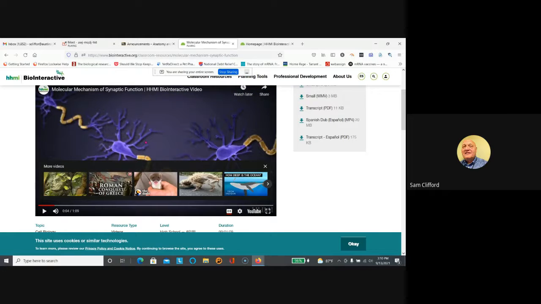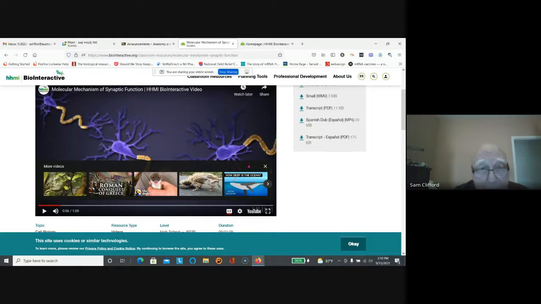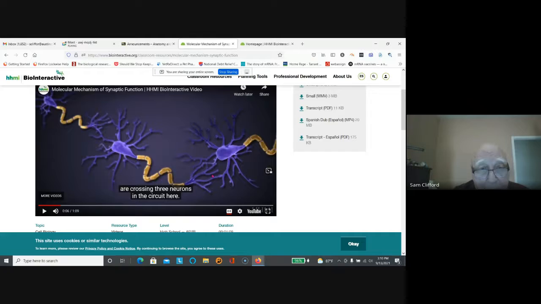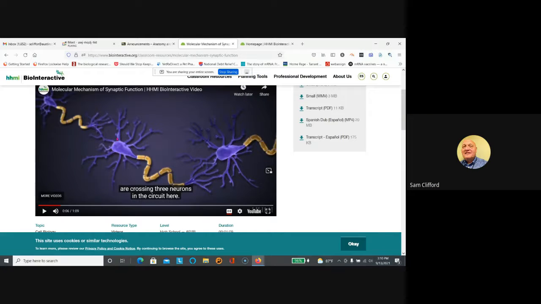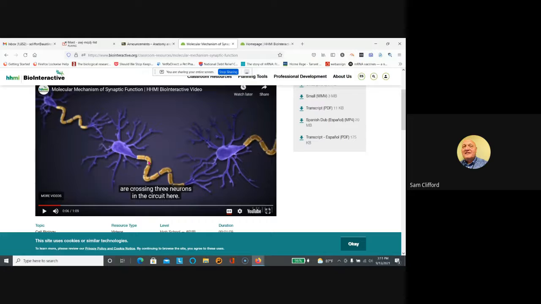Okay, so here we have, we don't want that, get rid of that. Okay, so this is a nerve cell. This is a cell body. These are called dendrites. This is fat surrounding the neuron to insulate it. It's called Schwann cells, and it's myelin. It's a fatty substance.